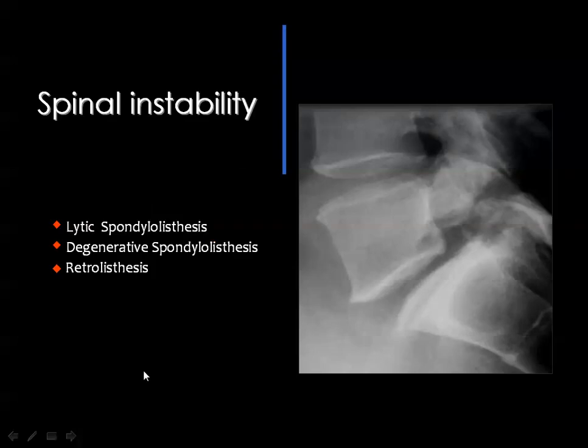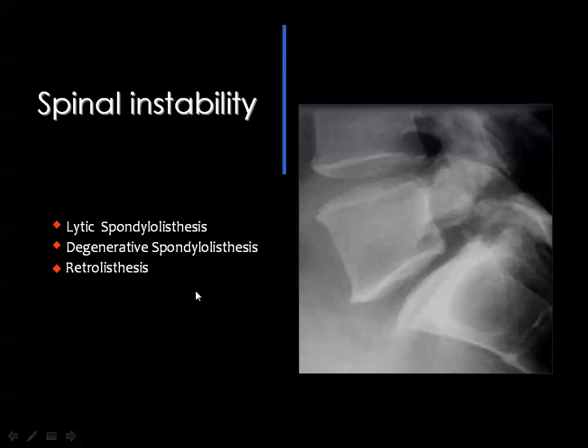Then we come to spinal instability, and we have three types of vertebral displacement in relation to the vertebra below: anterior displacement and posterior displacement. Anterior displacement is of two types depending on the intactness of the pars interarticularis.